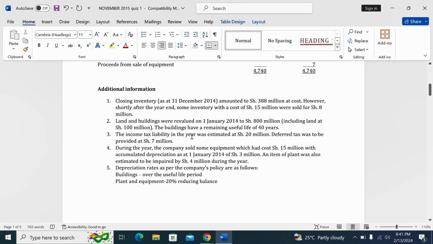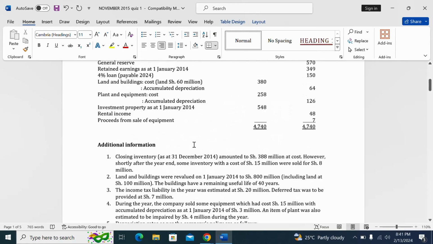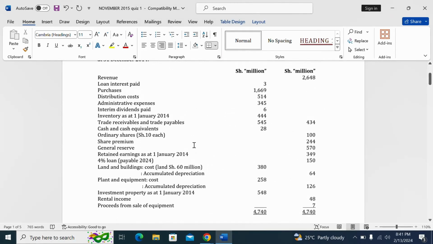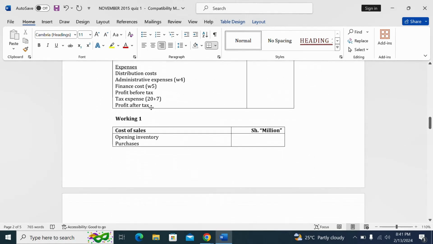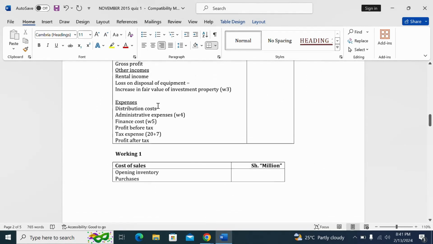Therefore, in this case, we are just going to calculate our tax expense. Therefore, I can come directly into my income statement where I have put the tax expense, and you can see it is 20 plus 7. Therefore, this now will be the total of tax expense.